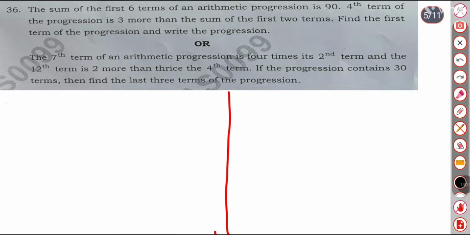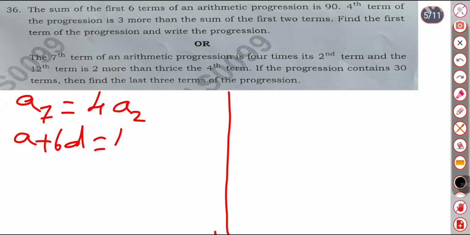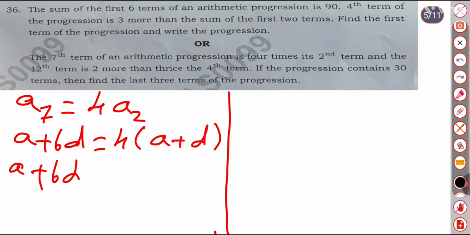That is, first equation, how we can find the 7th term of the AP. The 7th term is A7. A7 is equal to 4 times its second term. If we solve this, A7 is what? A plus 6D is equal to 4 into A plus D. A plus 6D is equal to 4A plus 4D.